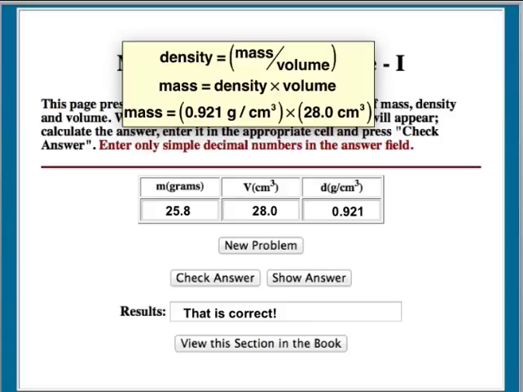This also has a view-the-section-of-the-book option. This is my book, and it'll bring up a PDF of the section from the book explaining it again if you just need to review. Remember, after you do 5 of them, the little magic thing enters, and you can submit it and get credit.